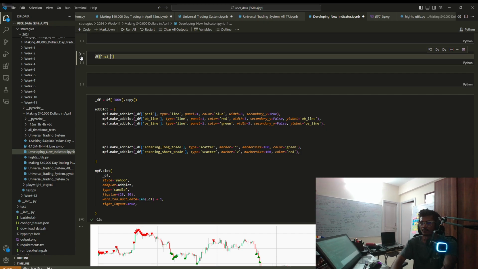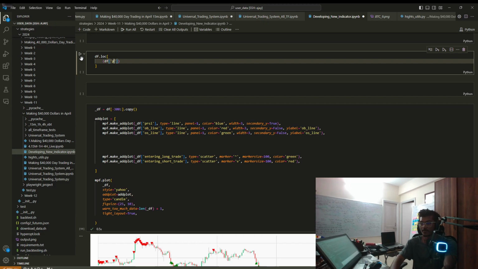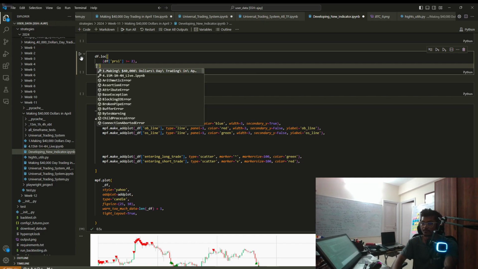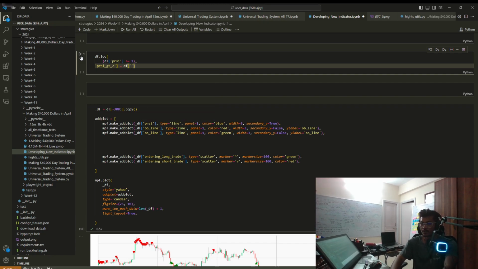So this is RSI greater than 2. If PRSI is greater than or equal to 2, then PRSI greater than 2 goes to PRSI.